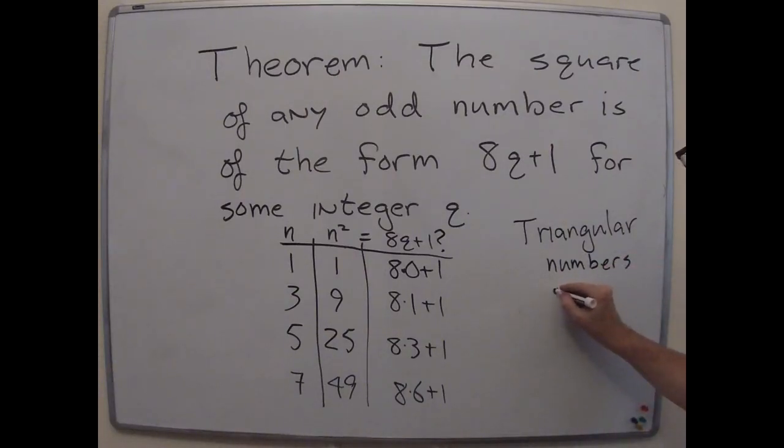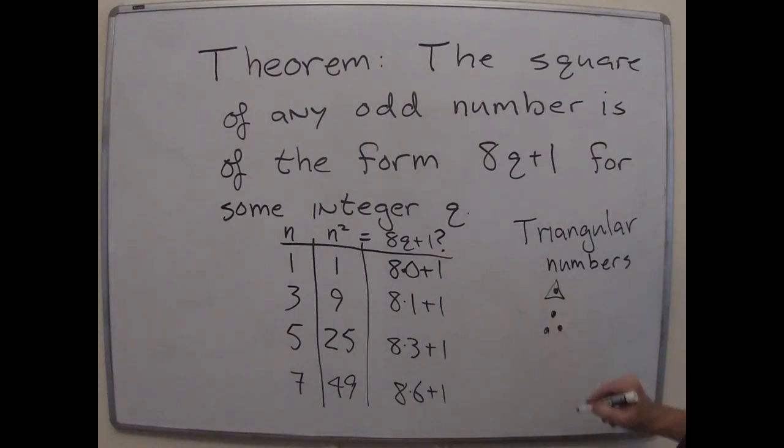So you could call that a triangular array, although it's just a 1 by 1 triangle. But if you have 3, you can put it into a triangular array like that. And if you have 6, like that as a triangular array.